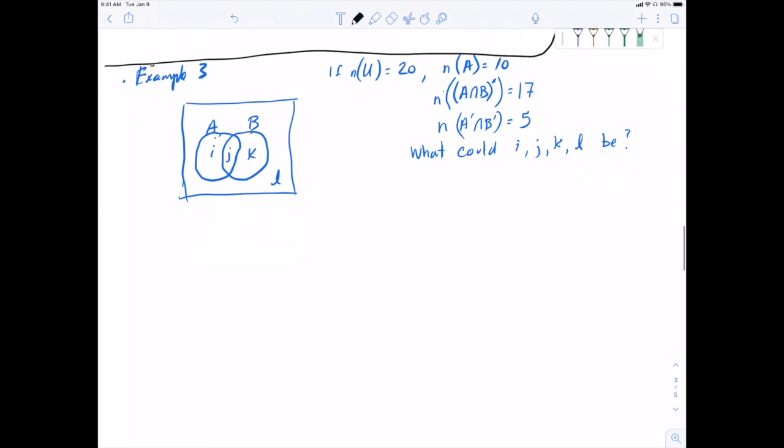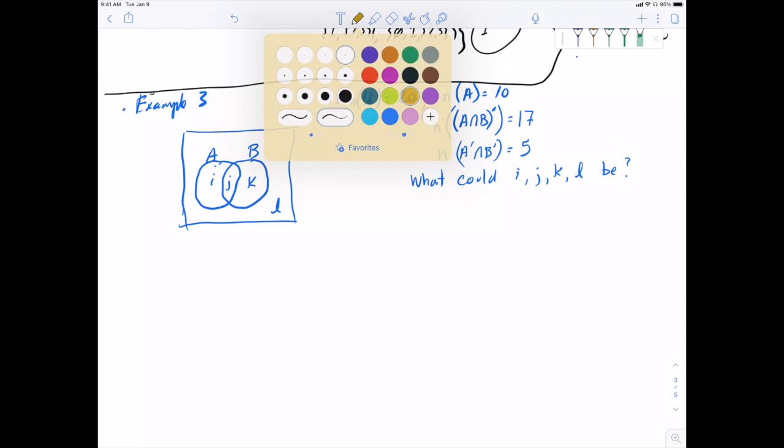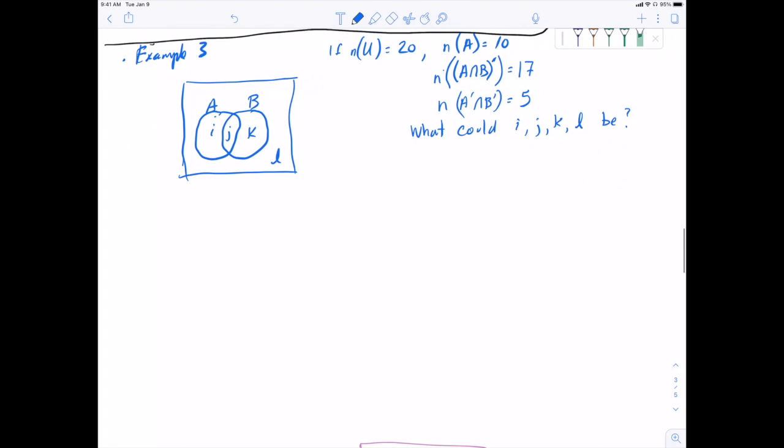Now here's a question that comes up on the homework that may be a little bit confusing or tricky, but it's actually not. It has this picture here, and it says, if I have this set A that intersects B. So A is a set and B is a set.